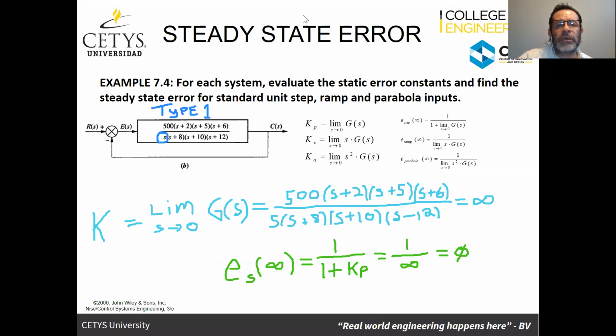Now for the ramp, we're talking about Kv, and that's going to be the limit as s goes to 0 of s G(s). That means that I've got an s here that's multiplying the transfer function.